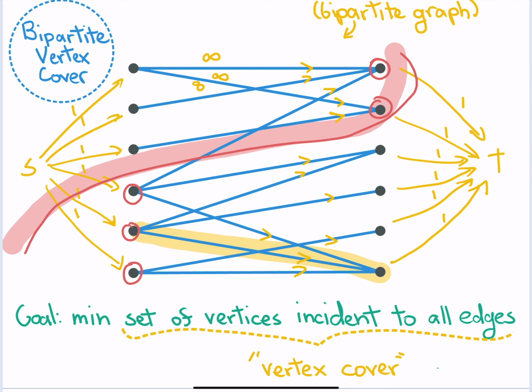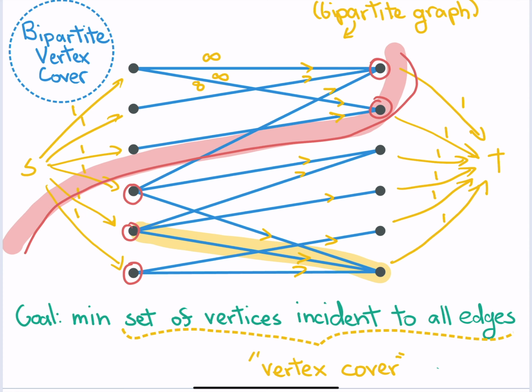So I have to cut off one of the ends of every edge to make sure there's no path from S to T. Every S to T cut must give rise to a vertex cover. That's the only way to disrupt all the paths from S to T.